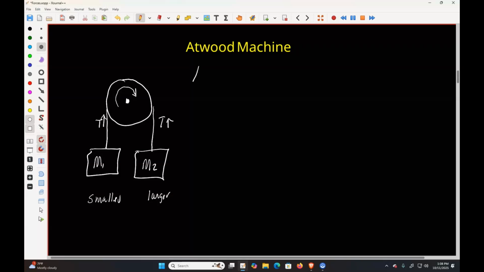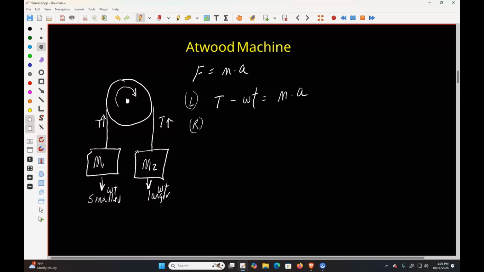We're going to be using the formula force equals mass times acceleration. On the left side, since it's moving upward, I'm going to say that tension minus the weight is equal to the mass times acceleration.